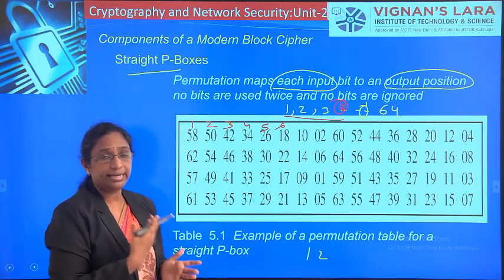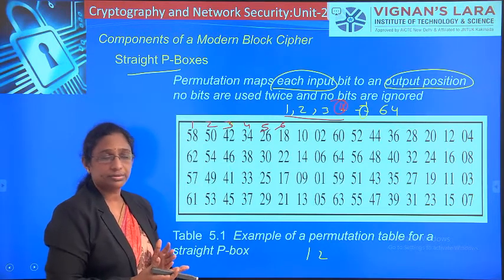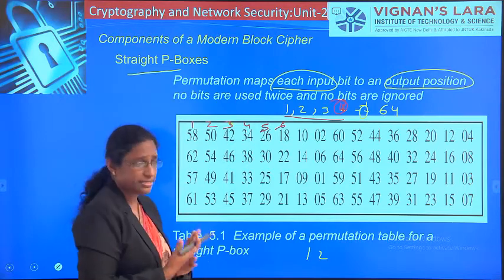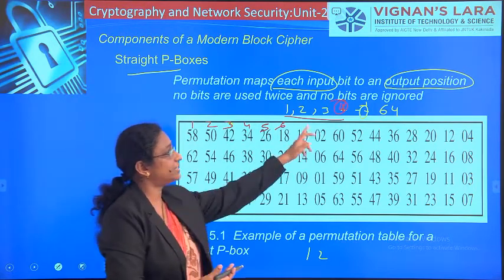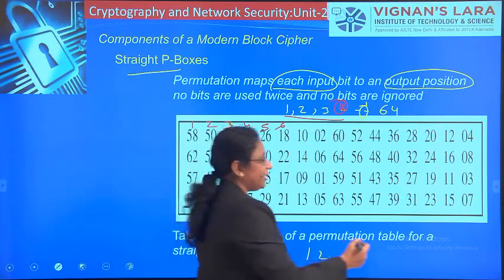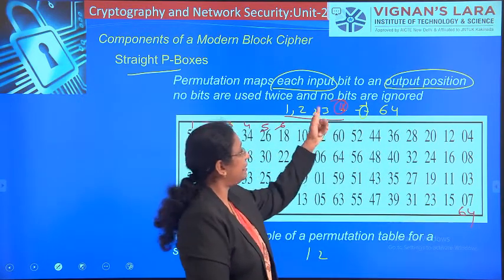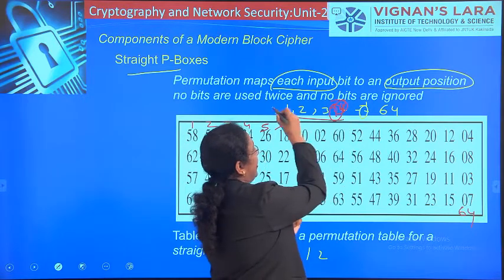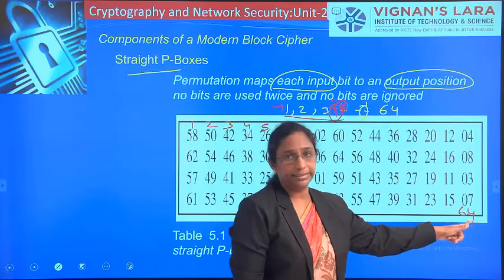You can call it transposing, shuffling, or permutation. In that way you will be permuting all the 64 bits based upon this P box. For the 64th bit, the 7th bit of your plain text will become your 64th bit.